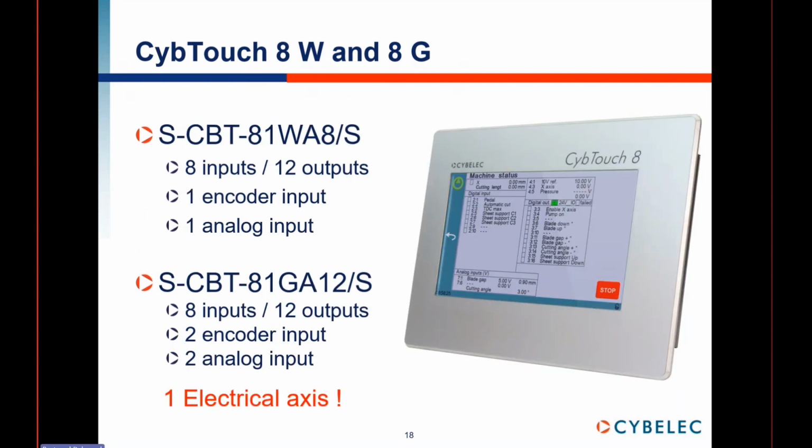You can see the difference on both models. With the CybTouch 8G, you have 2 encoder inputs and 2 analog inputs, but you can manage only one electrical axis.